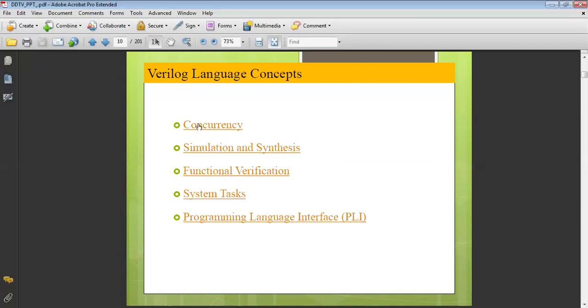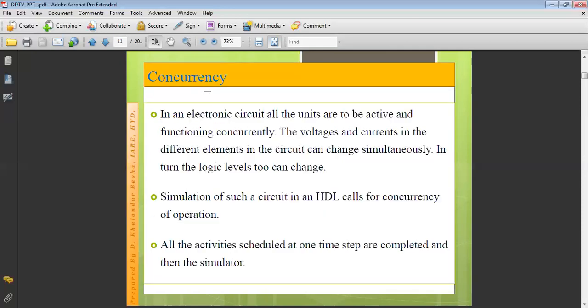First of all, I'd like to talk about concurrency. What is meant by concurrency? Concurrency means that in any electronic circuit, all the units are active and functioning concurrently. The voltages and currents in the different elements in the circuit can change simultaneously, and in turn the logic levels too can change. This is known as concurrency.